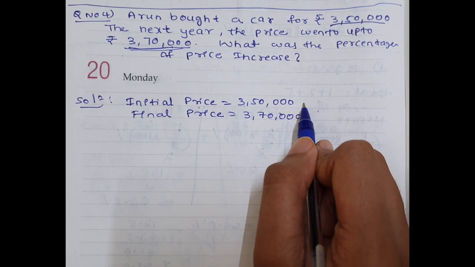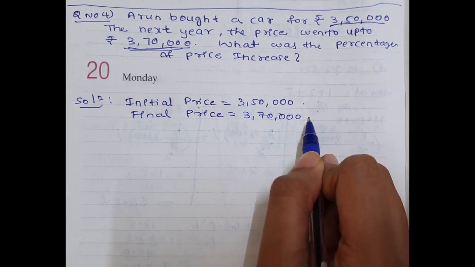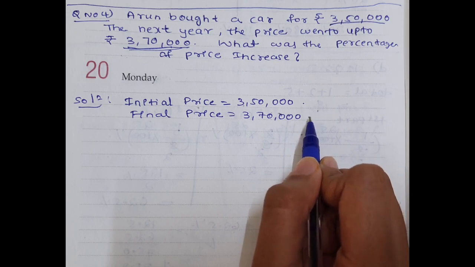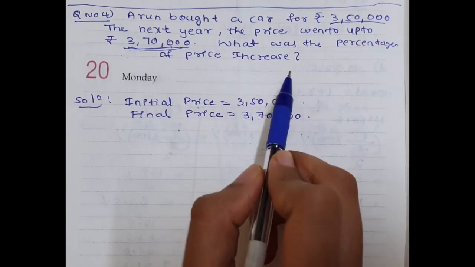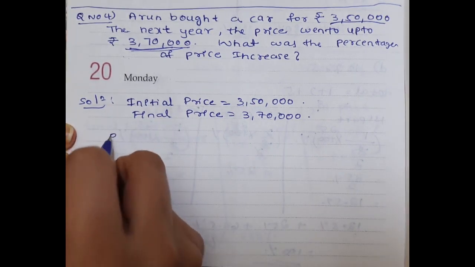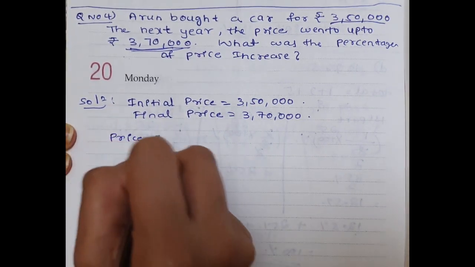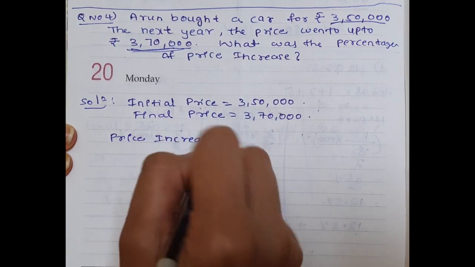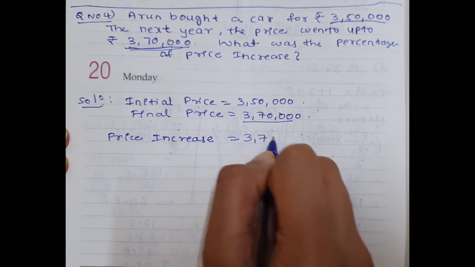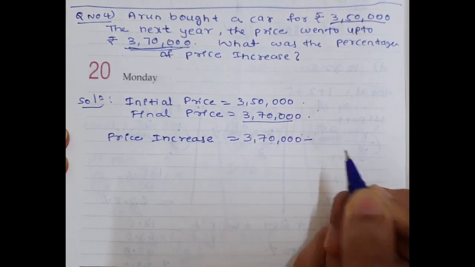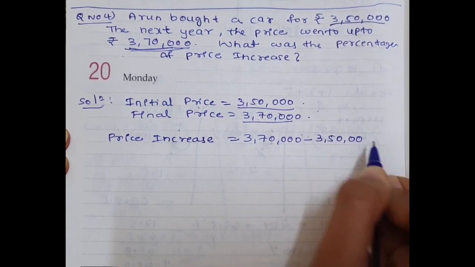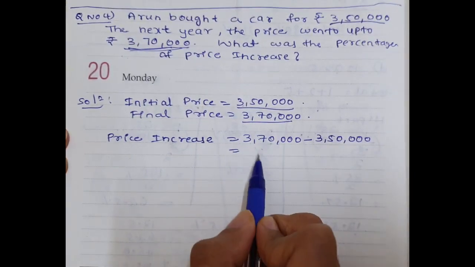What was the percentage of price increase? Initial price was 3,50,000. Now the final price is 3,70,000. That means the price has increased, right? So we have to find the percentage of price increase. First, let me find the price increase in terms of rupees. 3,70,000 minus 3,50,000 is the price increase, right?